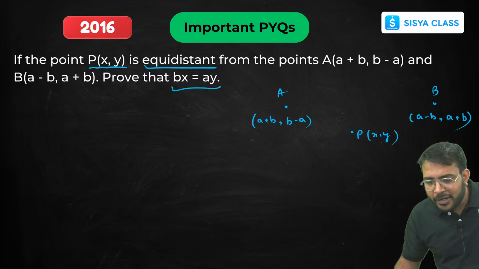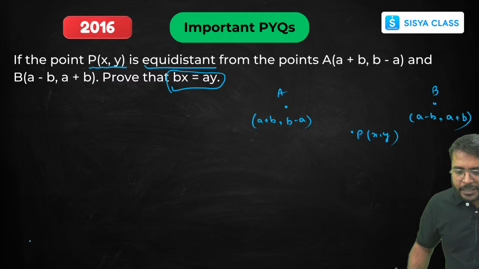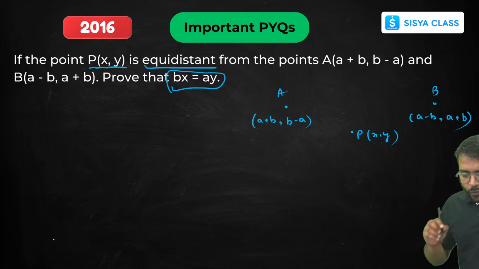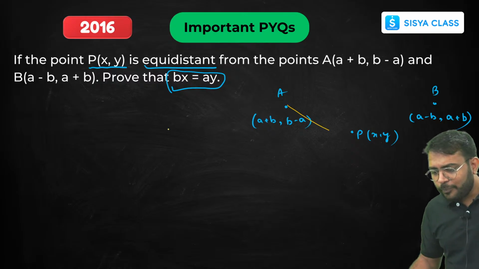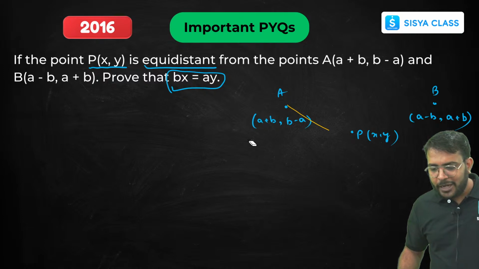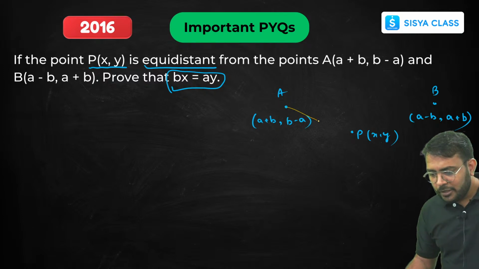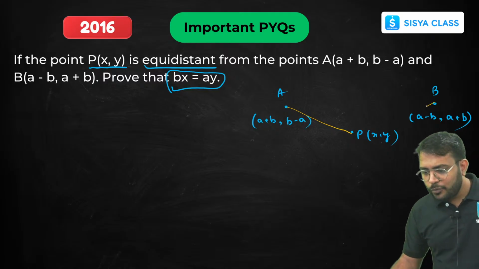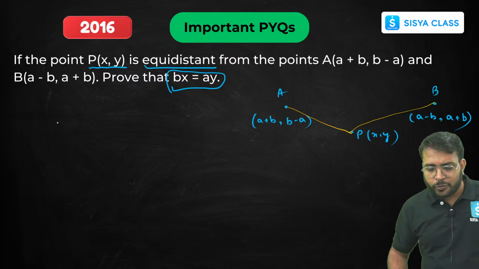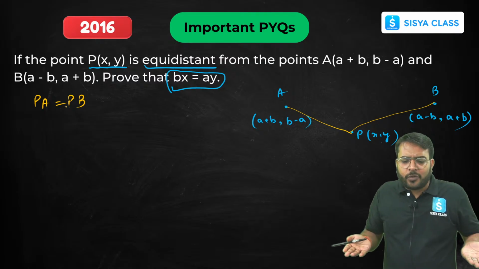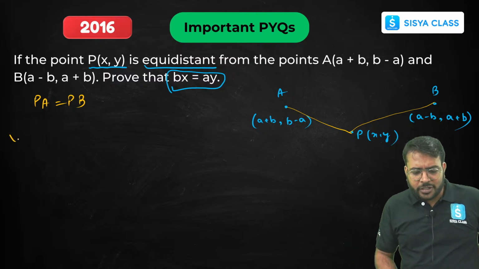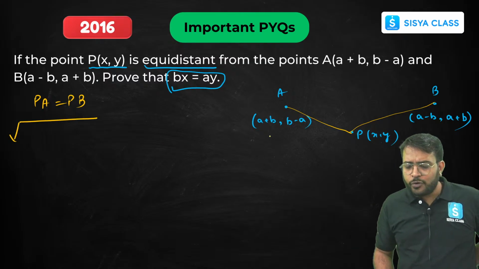So you have to prove that bx is going to be equal to ay. bx equals what? ay. You have to prove this. How will you prove it? Same thing: this point P is equidistant from points A and B, that means the distance PA is equal to the distance PB. So just substitute your distance formula.